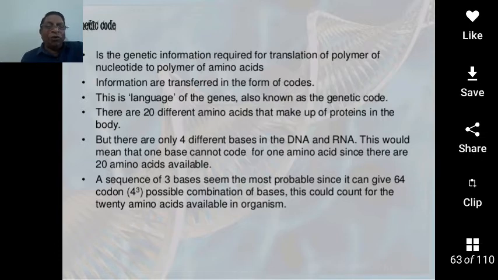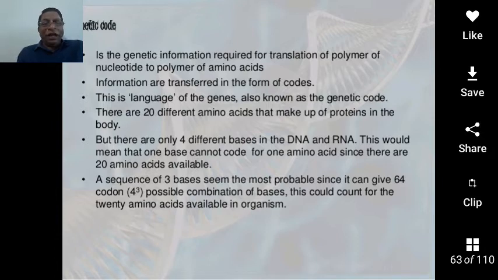It is called a singlet code. If 2 bases code for one amino acid, how many code words are formed? 4 into 4, 16 code words are formed. But the amino acids are 20 in number. This also becomes insufficient to code 20 amino acids. It is called doublet code.